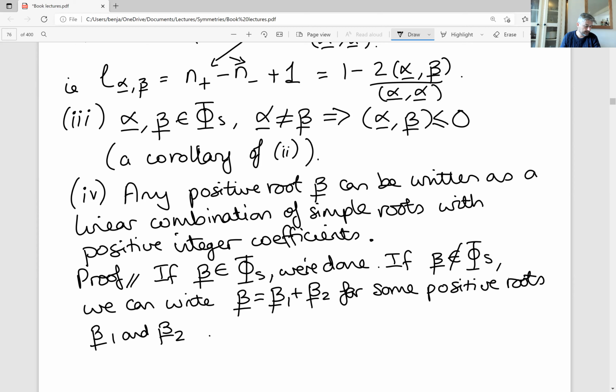Now, since our rank is finite, we can carry on iterating until you get down to simple roots, basically.